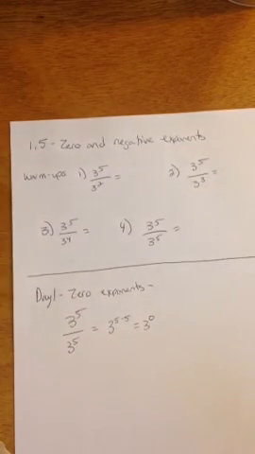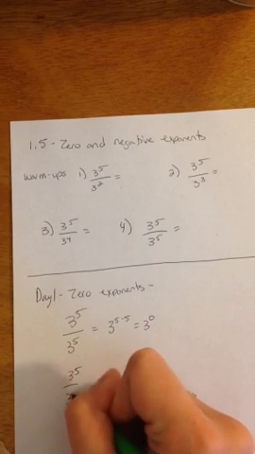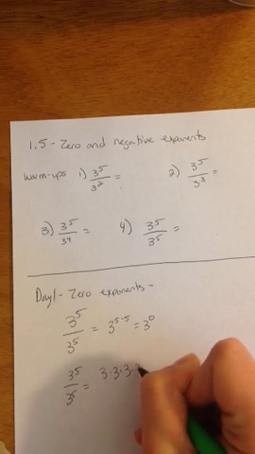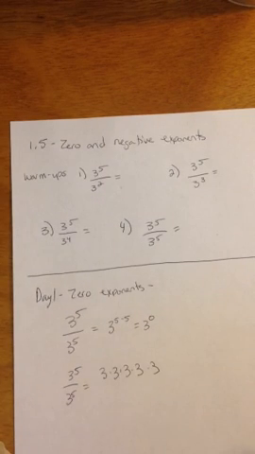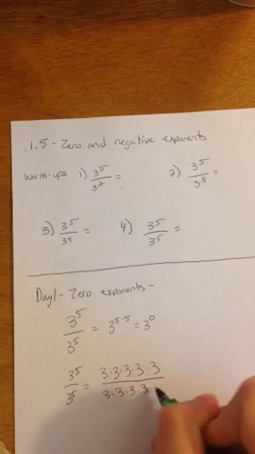So I'm going to show you the original way that I taught you how to do this. So 3 to the 5th over 3 to the 5th is really equal to 3 times 3 times 3 times 3 times 3, right? That's what 3 to the 5th stands for. And then again on the bottom, it's 3 times 3 times 3 times 3 times 3.